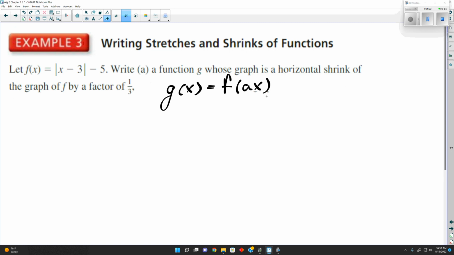Now the value that they gave us for this shrink is 1/3, but we're not going to plug 1/3 into it. We're going to flip it. So instead of 1/3, it's going to be what? 3/1, which is? We'd have 3 times x.